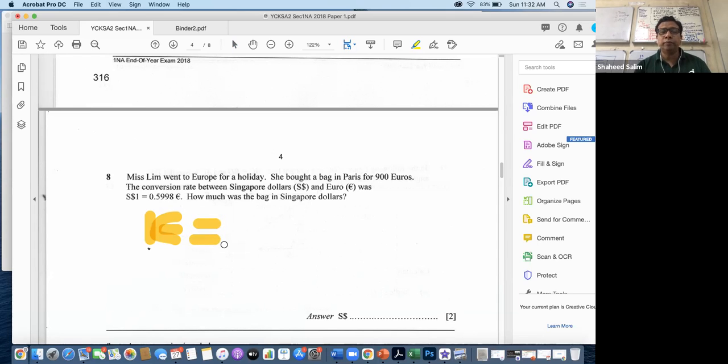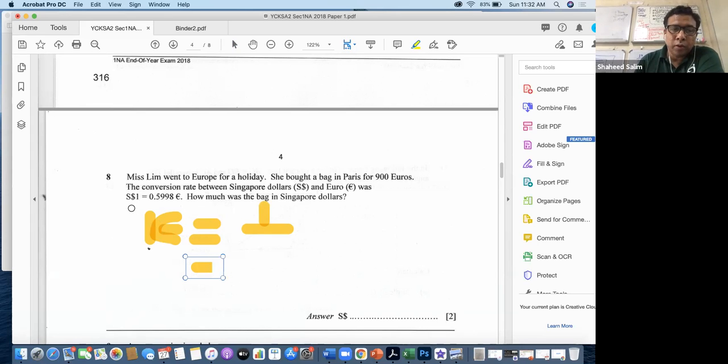You just take 1 Singapore dollar divided by 0.5998. First of all, you need to get a sense of which currency is bigger. $1 is not even $1 in euro. Correct. 1 Singapore dollar in euro is about 59 cents, roughly 60 cents.